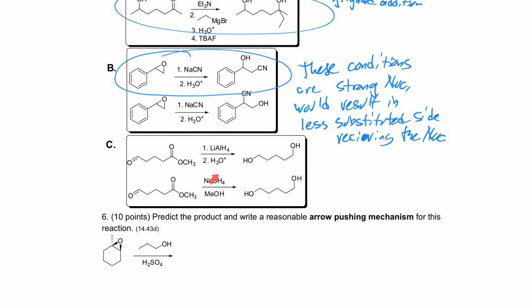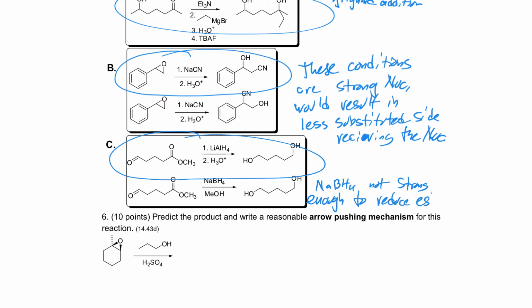So we should not use sodium borohydride if this is our desired product. So the top should be circled, and you could write NaBH4 not strong enough to reduce esters. And maybe just more, LAH would reduce both.